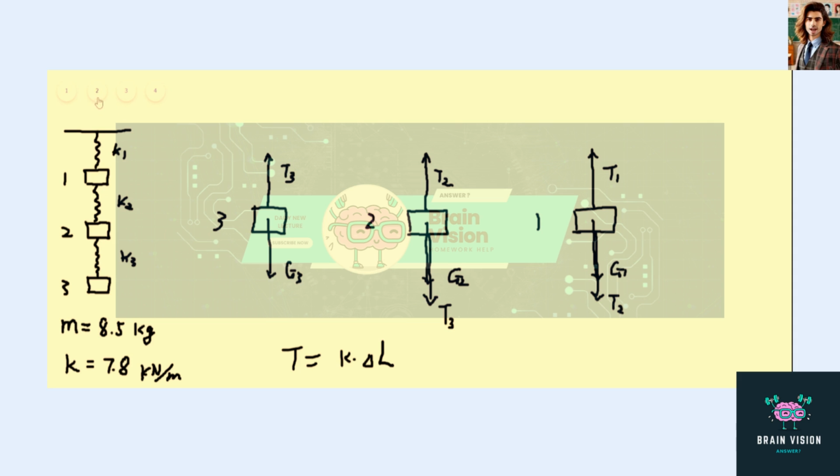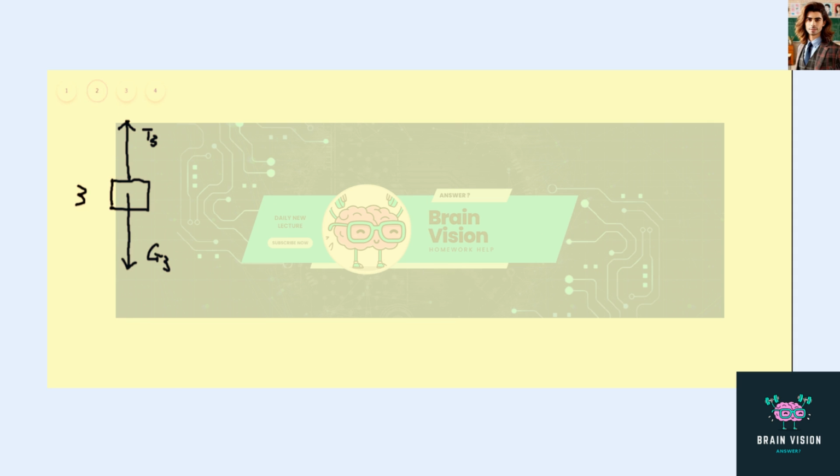So let's do that for mass number 3 first. We see here, as we have drawn earlier, the free body diagram for mass number 3. It is at rest, so these two forces, T3 and G3, should balance each other. So we have T3 equals G3.